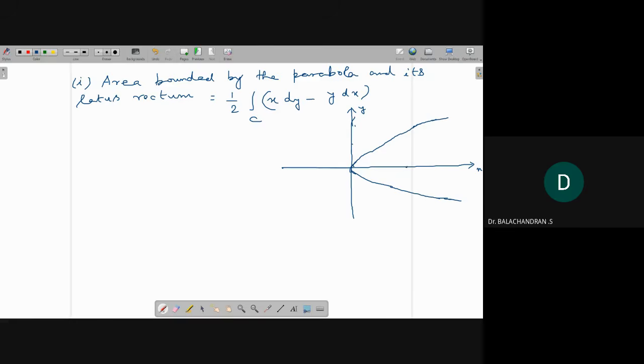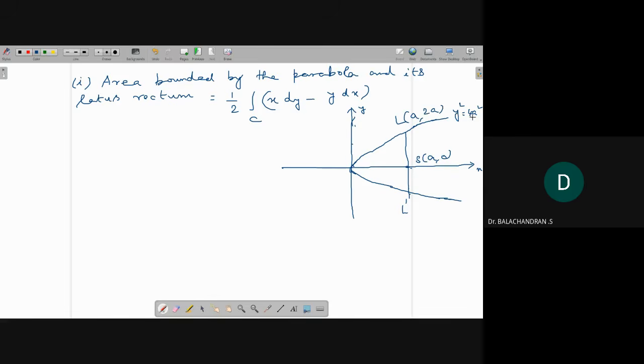Take this as the focus S, a comma 0. This we'll take as L. This is L dash. Yeah, this is the latus rectum. So L equal to a comma 2a, because this is the parabola y square equal to 4ax.